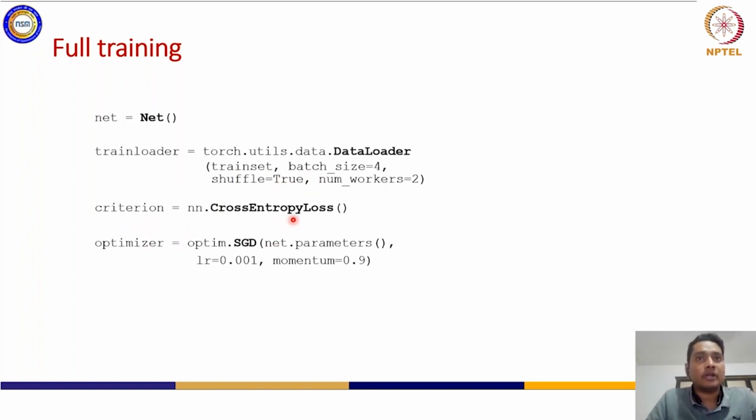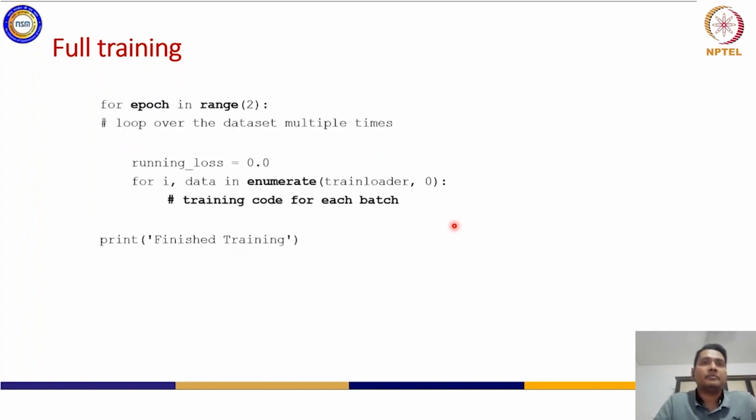That is, what kind of loss we are trying to compute at the end of the forward pass, and what kind of optimizer we are trying to use for the network training. Several other optimizers are also there. With certain parameters that you need to set, the learning rate and momentum for stochastic gradient descent that you can see here. So this is the step for defining your optimizer and loss function.